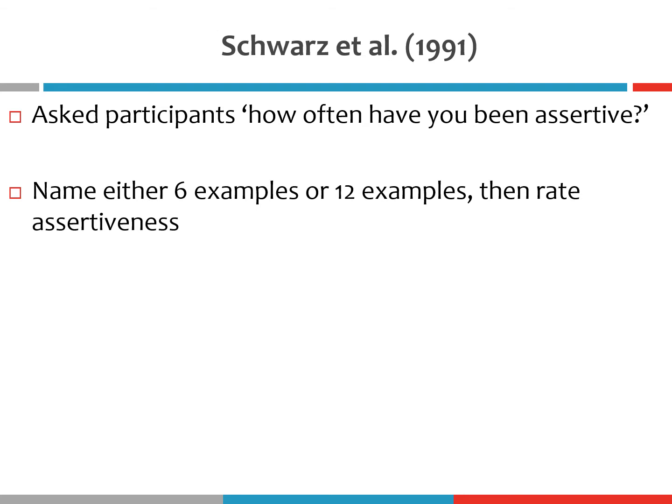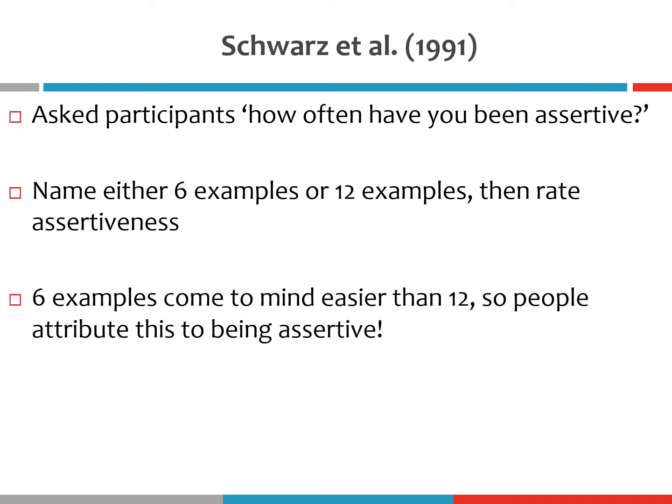Then they were asked to rate their assertiveness on a 5-point scale, where 1 is not assertive and 5 is very assertive. And what they found is that, ironically, people who were asked to generate only 6 examples rated themselves as being more assertive than people who had to generate twice as many examples.